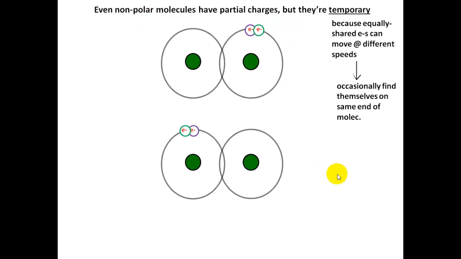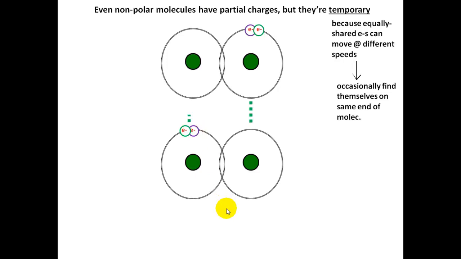Say that you have two nonpolar molecules. Here's one nonpolar molecule. Here's another nonpolar molecule. We just mentioned that even nonpolar molecules can have partial charges, but they're temporary. So if this nonpolar molecule happens to meet this nonpolar molecule at just the right time, where this one's electrons are bunched up over here, and this one's electrons are bunched up over here, what ends up happening is this.